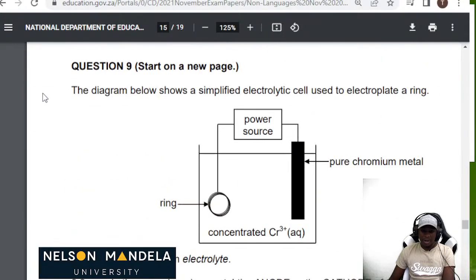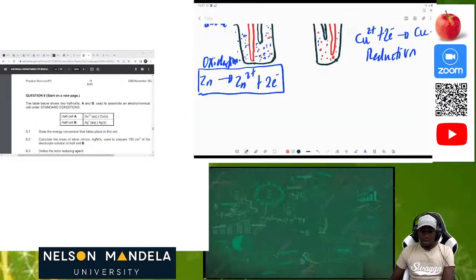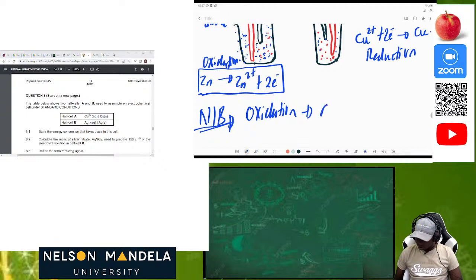Let's go back to where we were, which is here, question 8. Great. Now, let's put another note here so that you also remember what I was talking about. What we are saying right now is that oxidation has what we call the reducing agent, which goes to being oxidized and it loses electrons.